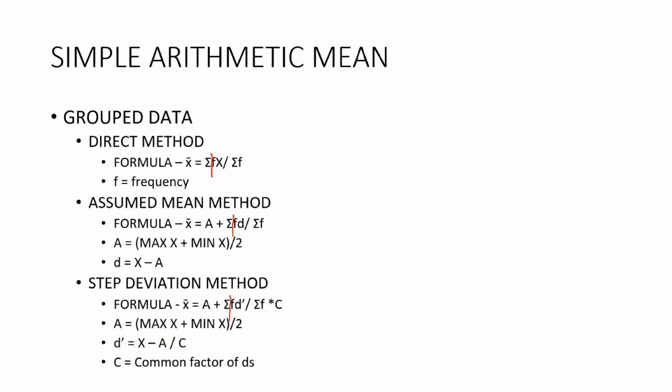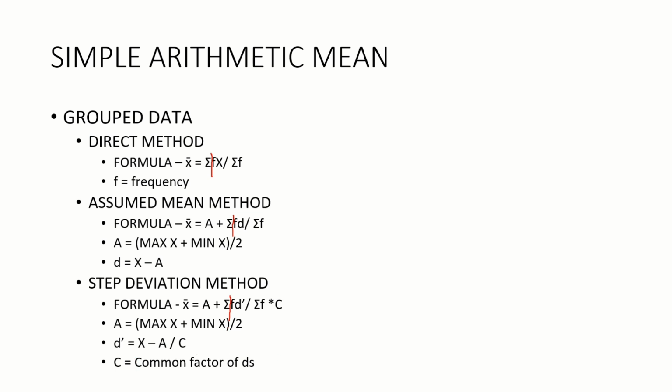So assumed mean plus the sum of all frequencies multiplied by deviation apostrophes. Now, same thing is applied over here. The deviation apostrophe equals the value minus the assumed mean divided by the common factor. Now, common factor, don't forget, this is the common factor of deviations.